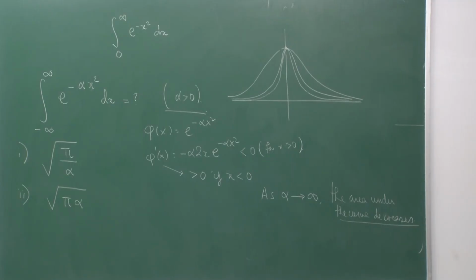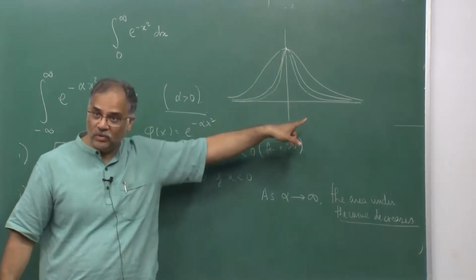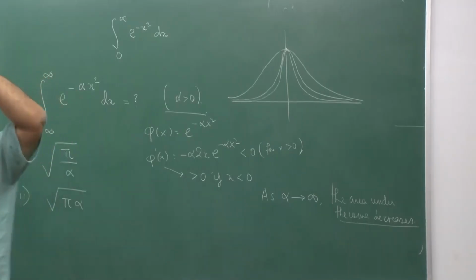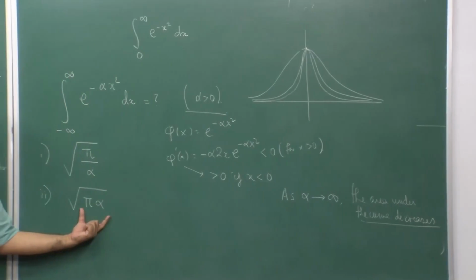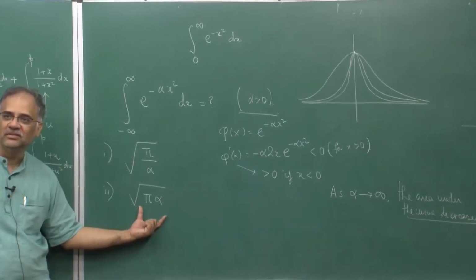But what is this product phi alpha? As alpha increases, this is becoming bigger and bigger, so this can never represent the area.